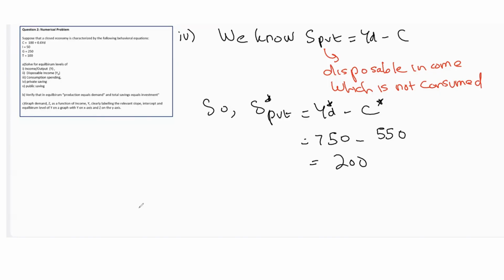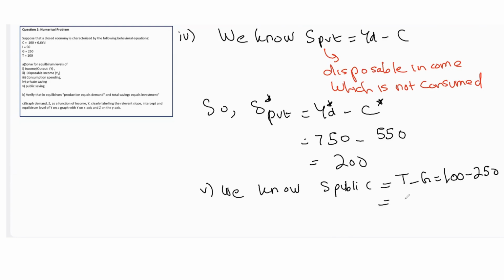In the next part, we want to find public savings. Public savings is just T minus G, taxes minus government spending. Taxes are given as 100 lump sum and G is given exogenously as 250. So public savings is 100 minus 250, which is minus 150. You can see public savings does not even depend upon Y in this case.